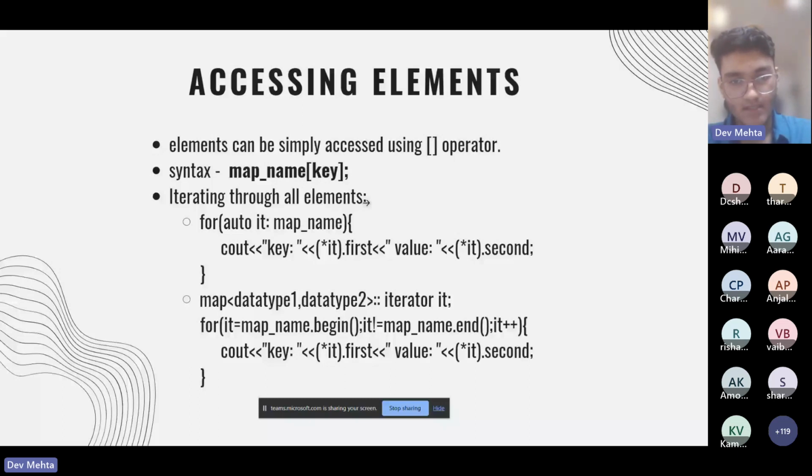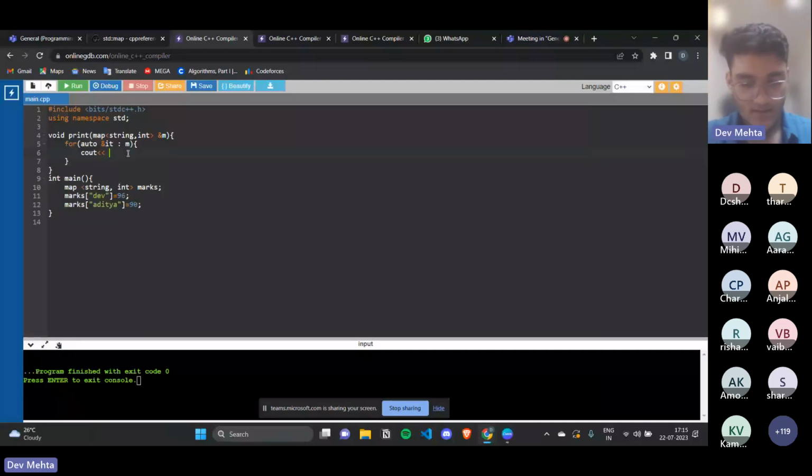Maps aren't storing values like arrays, which are contiguous. Maps are storing pairs in different places in memory, linked to each other. So we use iterators, and when we do star IT, we get the pair. From that pair, we can get the key or the value depending on whether we put dot first or dot second. So cout, let's do star IT dot first.